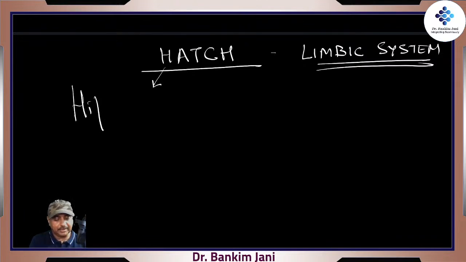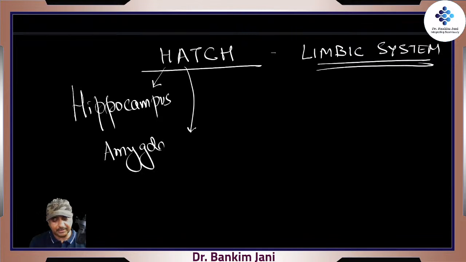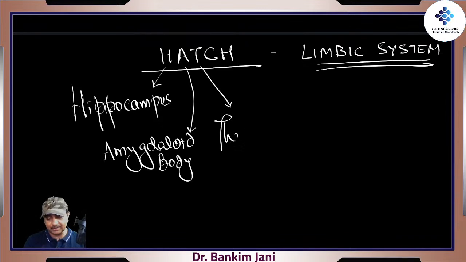One, H is hippocampus, right? This will make your life easier, as we'll be discussing so many parts of the hypothalamus which are associated with emotions. A, definitely you will be knowing it, the amygdaloid body, which is at the end of the caudate nucleus. We discussed it in the basal ganglia. Then T, thalamus. No one can take its place.